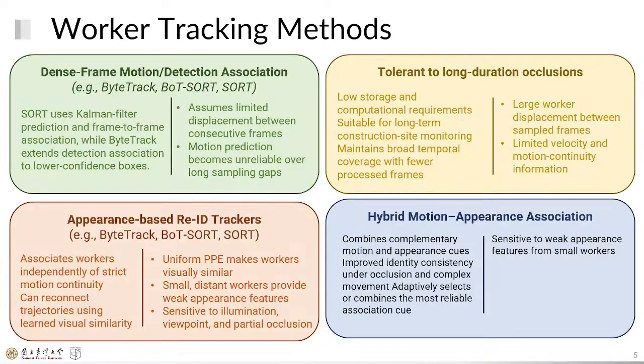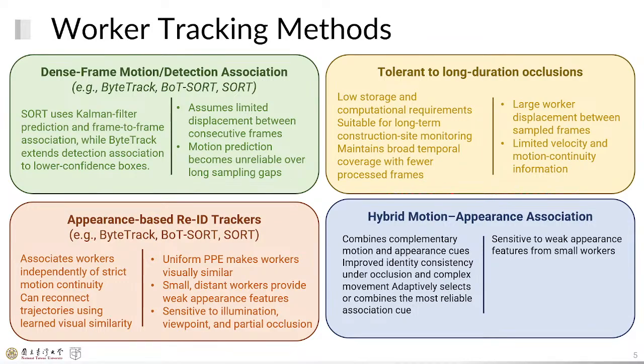We have reviewed different tracking methods currently, like dense-frame motion-based trackers such as ByteTrack or BoT-SORT, or appearance-based re-ID trackers. These tracking methods rely on dense frames and also very clear appearance of the worker.